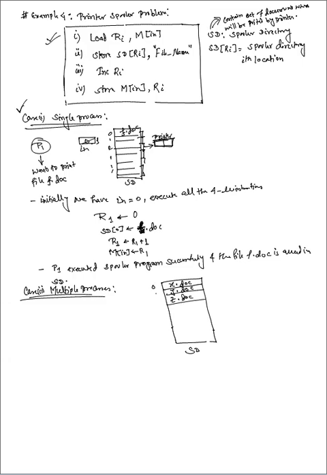So it is 0, 1, 2, 3. So the value of in is what? Third free location, 3. All are connected to the printer.